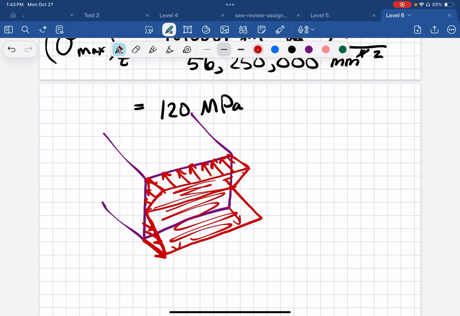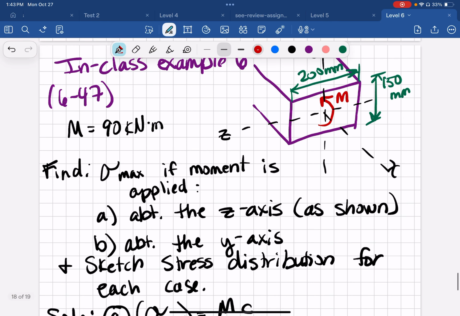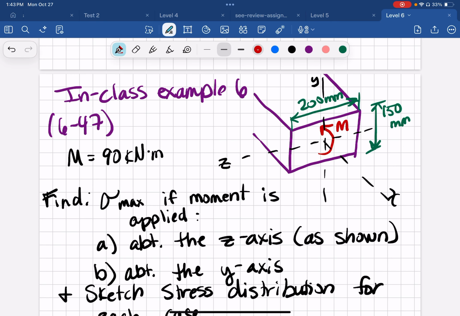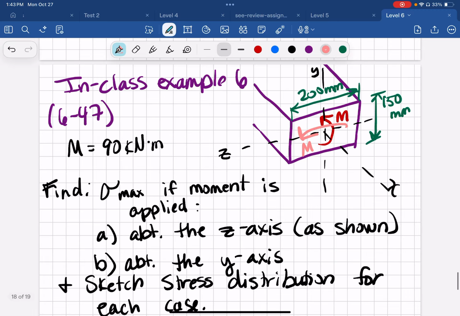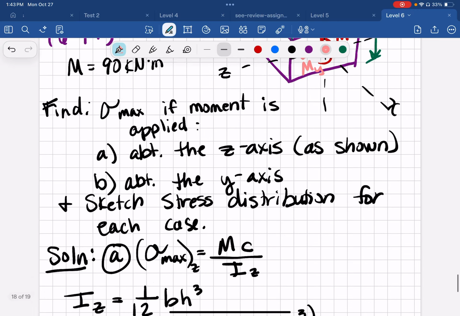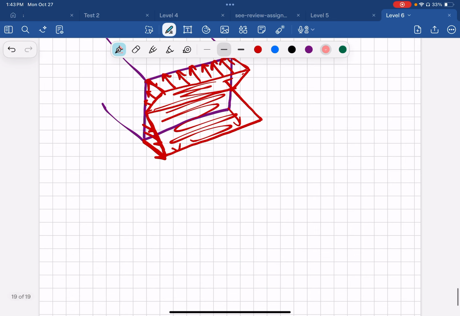And then we can do the same. So now we want to do the same, but we want to move that moment to where it's going about the y-axis. So the moment would be something like this, moment about the y-axis. And so let's do that one now.